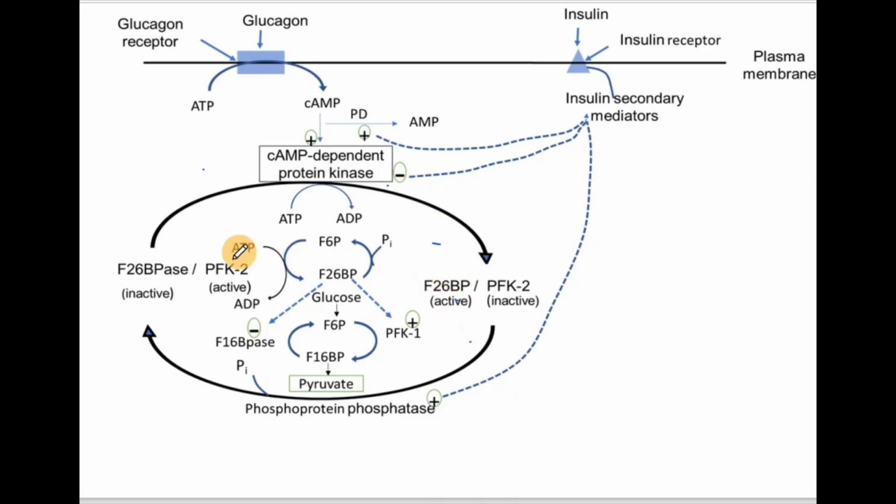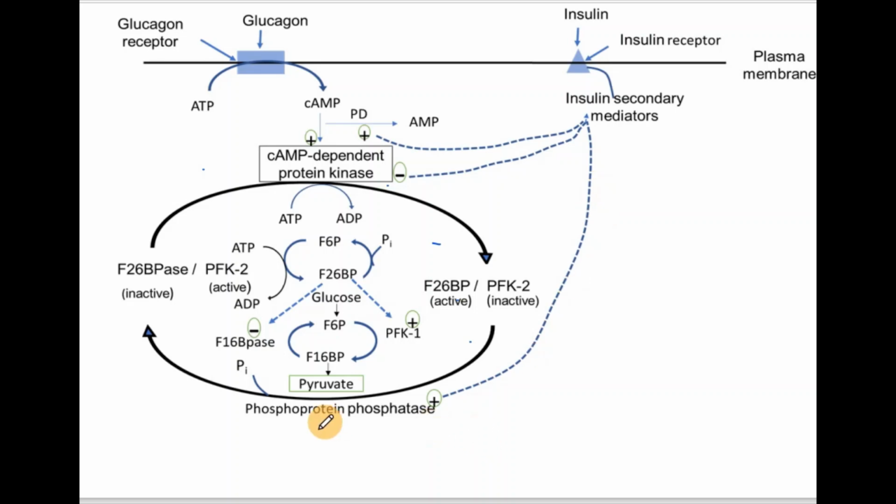Therefore, the PFK2 is going to be active. That's one. Or the insulin secondary mediators can straightforwardly go and inhibit the cyclic AMP dependent protein kinase. So we can't proceed with phosphorylation. Therefore, dephosphorylation will occur.